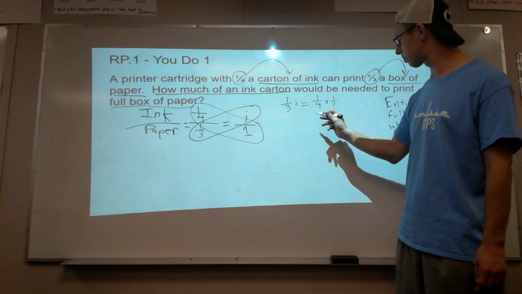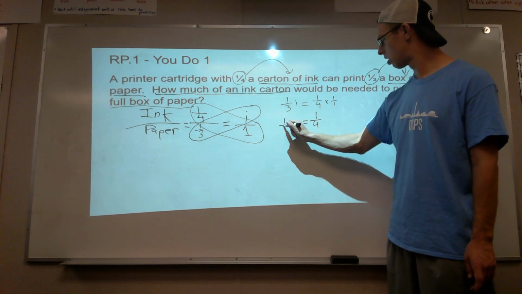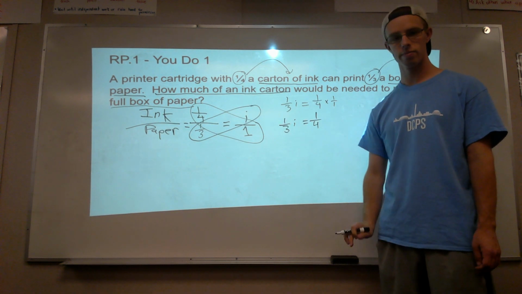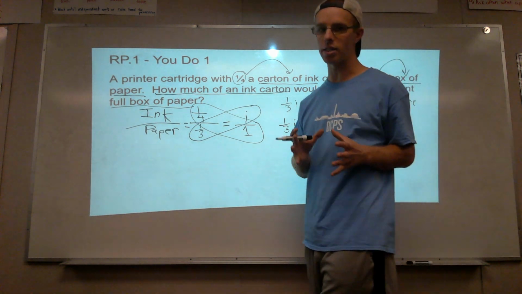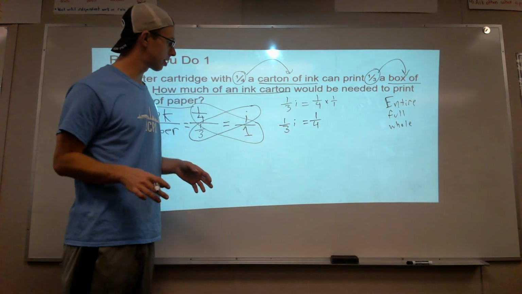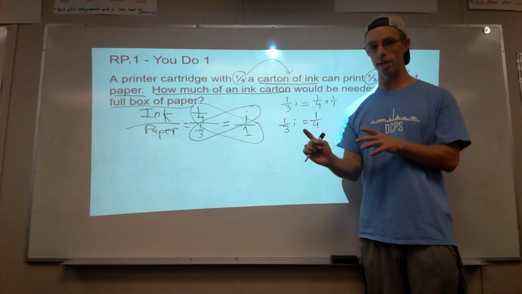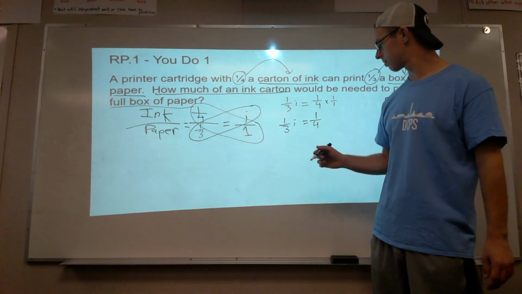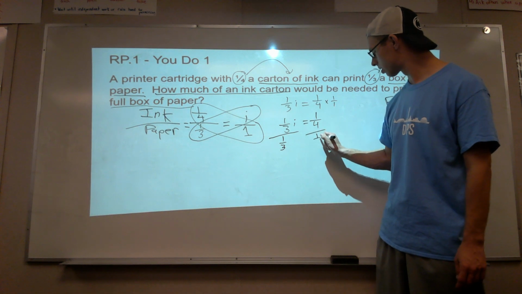That's what allows us to solve. So 1/4 times 1 over 1 is just 1/4 equals 1/3 I. Now I have a fraction here, but I'm not going to let that confuse me. Fractions are not special. They get the same treatment. So when I have 1/3 times I, I have to undo that multiplication the same way I did in the example. I have to divide each side by 1/3.